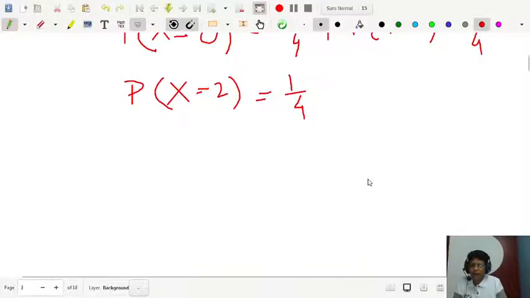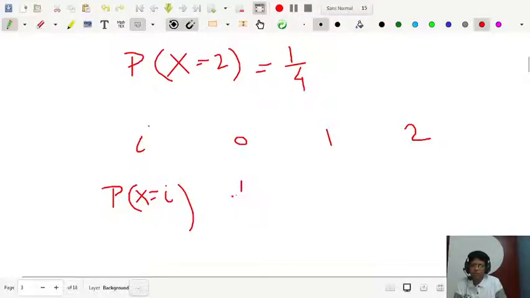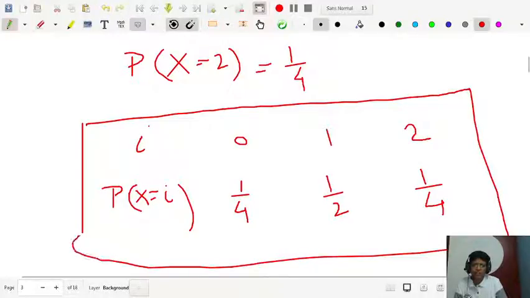So now you can write the probability distribution. The spectrum values are given by i: 0, 1, 2. These are the possible values. And what are the probabilities? Probability of X equal to i is 1/4, 1/2, and 1/4. So this is the required probability distribution of a discrete random variable.